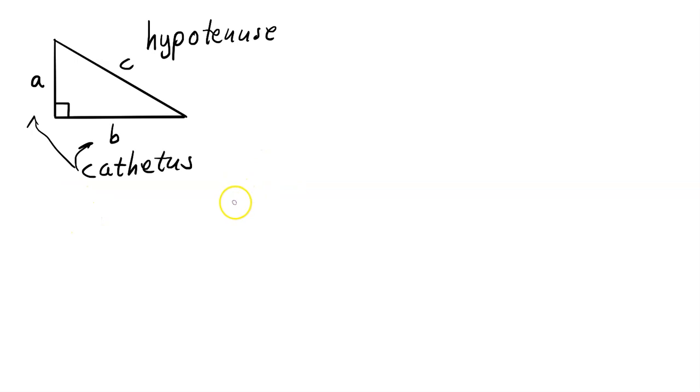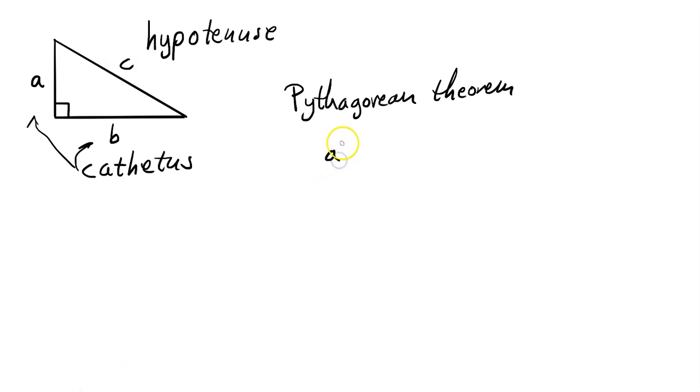And then we have the Pythagorean Theorem for a right triangle. As you probably know, this says that if you take the squares of the cathetus, or catheti in plural, then the sum of those squares is equal to the square of the hypotenuse.